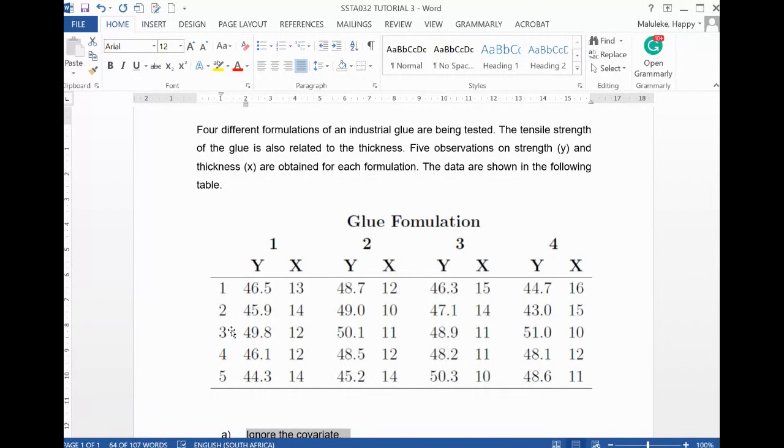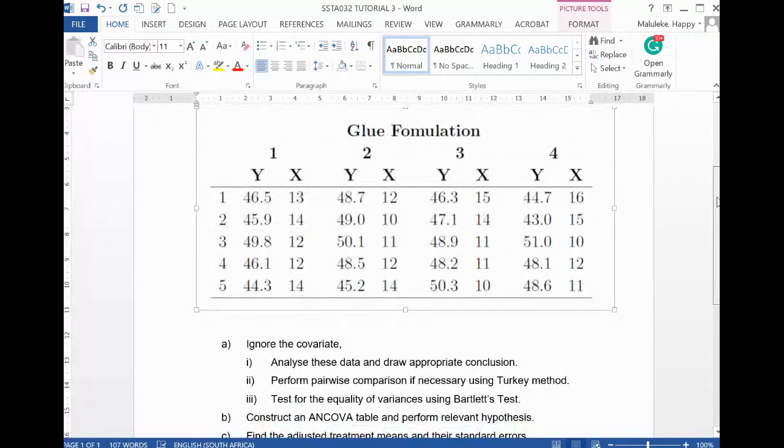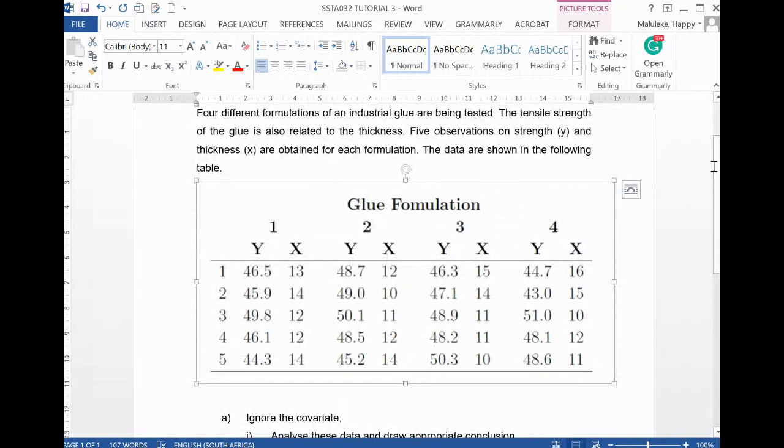And the good thing about the Montgomery book is that most of the notations that we are using are the same. So, as I indicated, this question is from your study guide. But from the study guide you are asked only one question: analyze this data and draw conclusions.